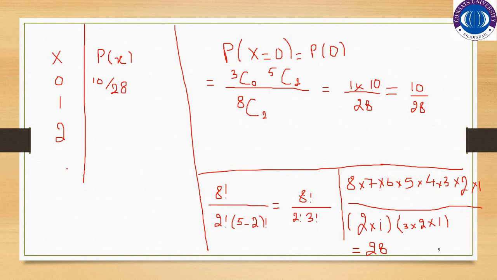Now X is equal to 1. Probability X is equal to 1. You can write it this way too, P of 1. It means when the school purchases 2 random microcomputers, one of them will be defective. As they are purchasing 2 computers, if one is defective, then the other one will be non-defective.